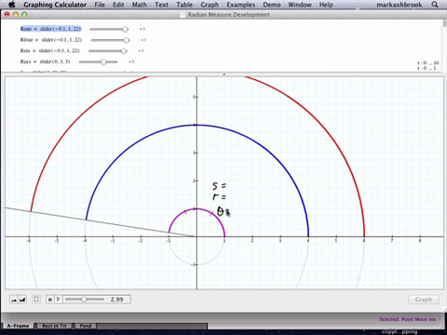S is the linear measure of the arc. R is the radius of the circle. Theta is the angle that's cut off by that arc. The angle that cuts off that arc. Okay? So for all 3 of them. So S, R, and theta for the blue, and S, R, and theta for the red. Go, quick.